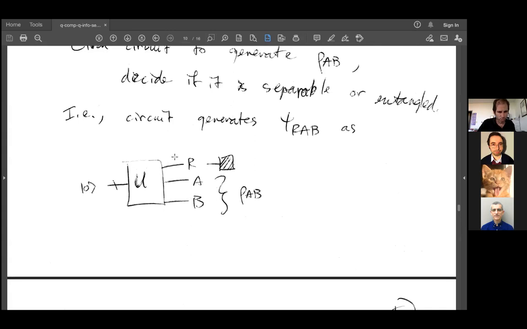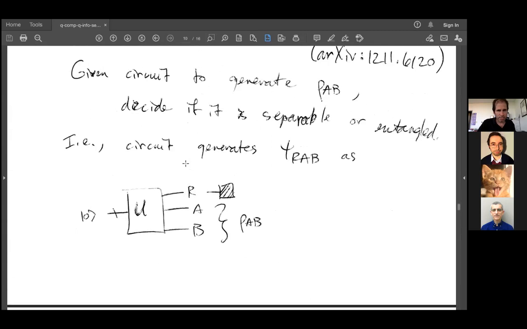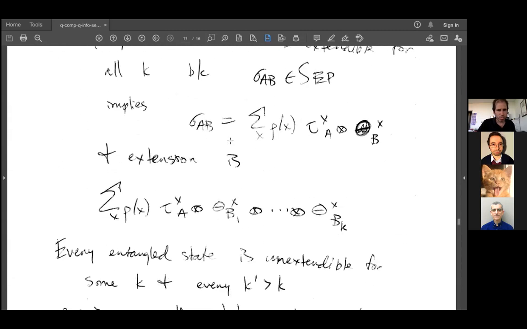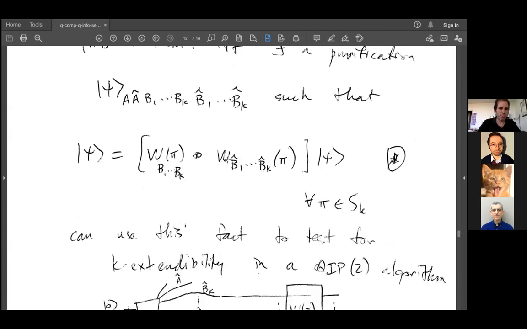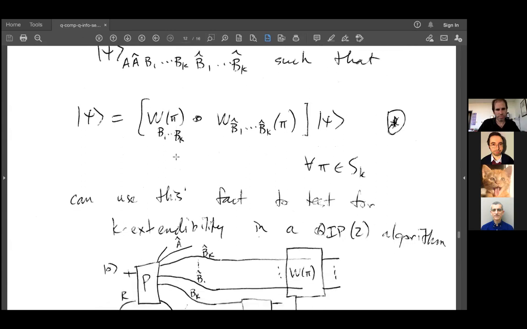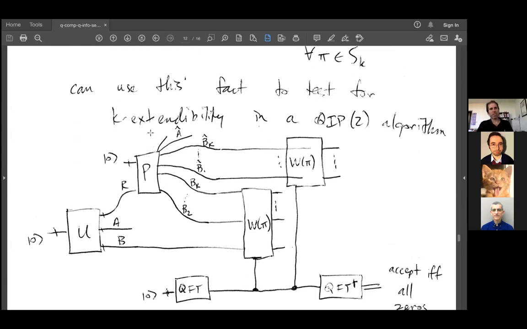That generates one purification of rho AB if we hold on to the reference. Then if the state is separable, by everything I discussed, it should be possible to make another purification that satisfies this condition, okay? And by this principle that every purification is related by a unitary, there exists some unitary that relates the two purifications. That's going to be hard to do in general, but that's what we asked the prover to do in the model, in the QIP2 quantum computational model.